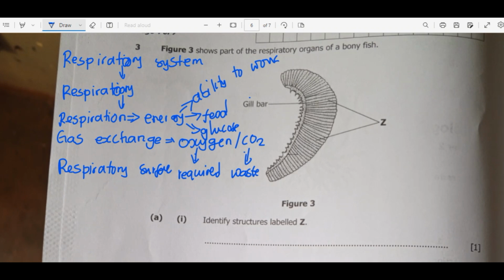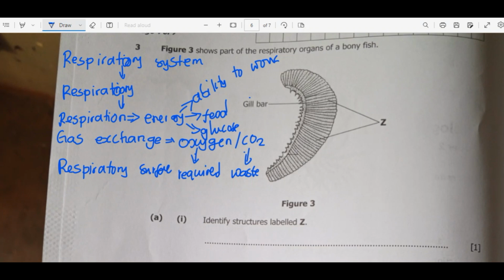Now, let's take a fish out of water. Why do fish die whenever they are taken out of water? Is it because there is no oxygen in air? No, we know that there is, and there is a greater percentage of oxygen in air compared to water. According to science, the reason fish cannot survive out of water is that the gills are supported by water.